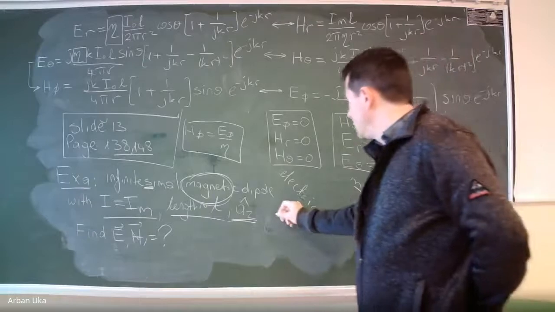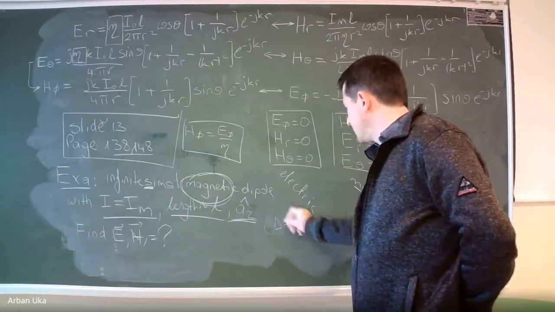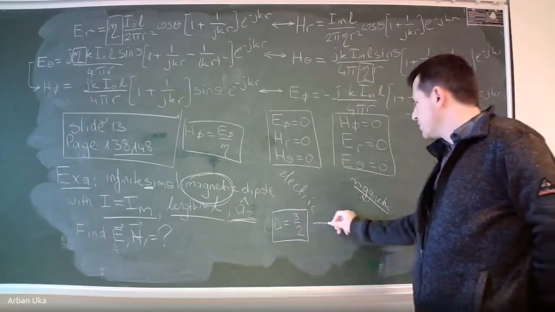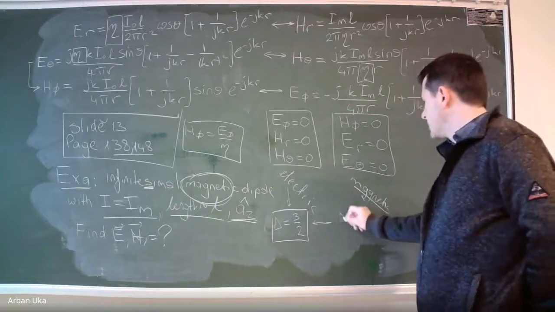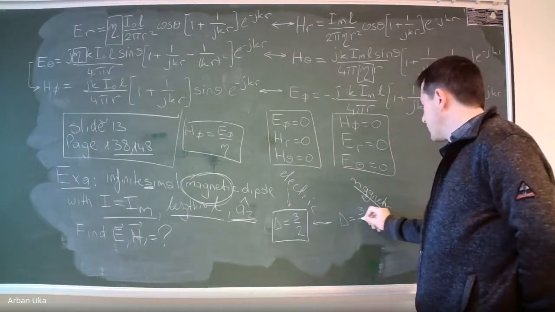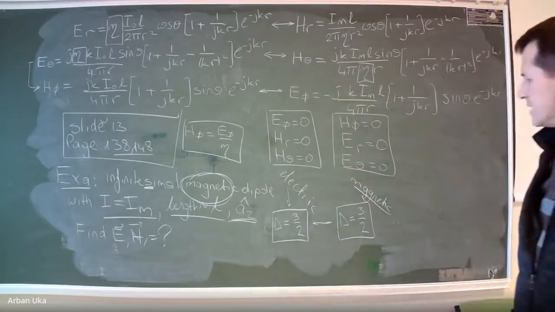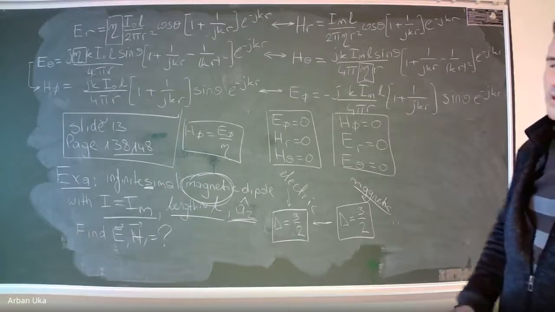So here, D was equal to 3 divided by 2. And in fact, the same directivity is also equivalent. So this stands for the electric dipole, but it is also the same for the magnetic dipole antenna.